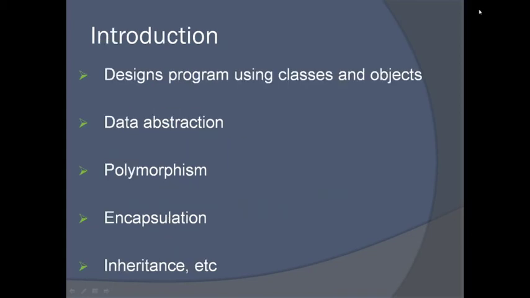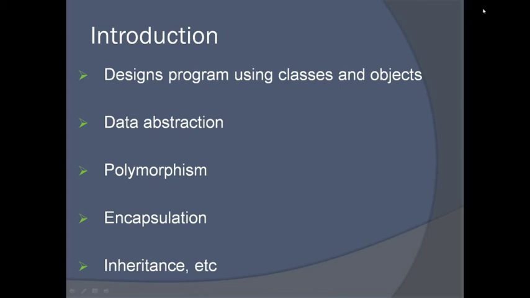So, before getting started with classes and objects, we often come across two confusing terms which are quite similar, which are object-oriented programming and object-based programming. So, let us see the difference between the two. Object-oriented programming is a methodology used to design a program using classes and objects.